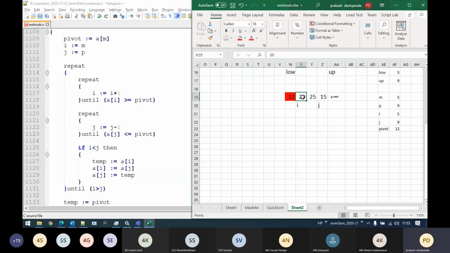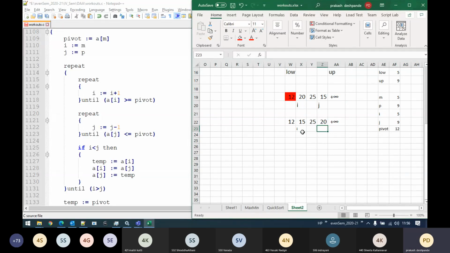Now, will 20 and 15 get swapped? Yes, sir. I has not crossed j, right? So 15 and 20 will get swapped. We get 12 here, 15, 25, and the last element is plus infinity. Followed? Yes, sir.